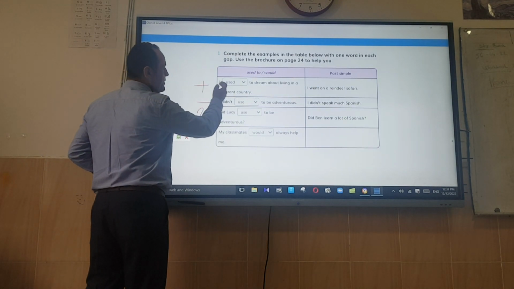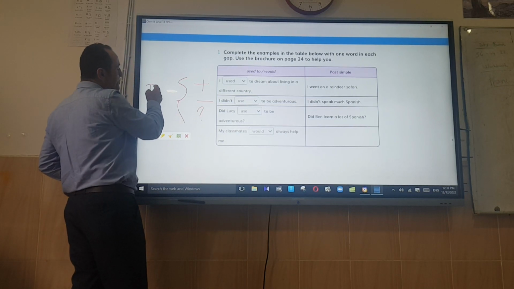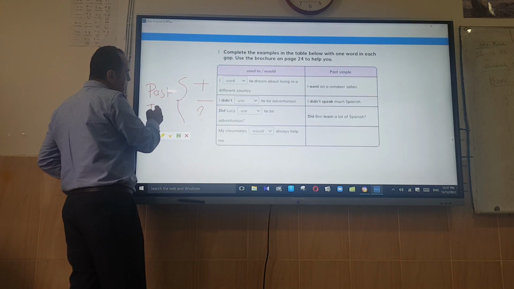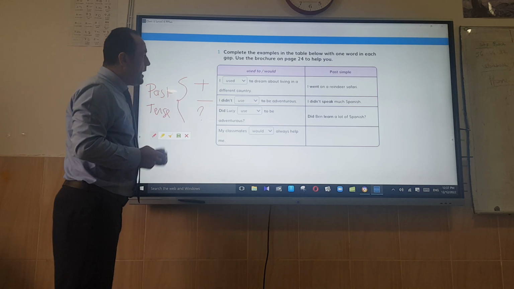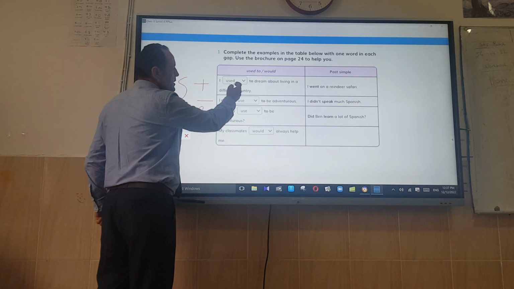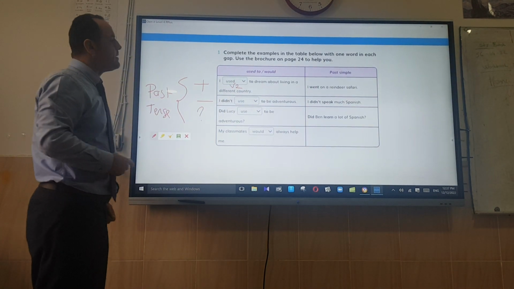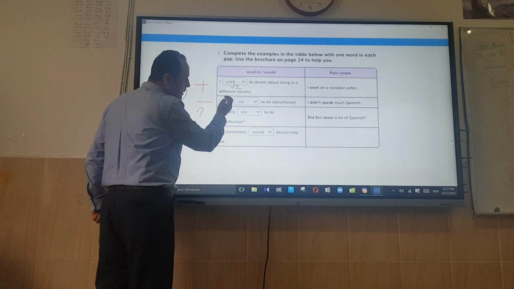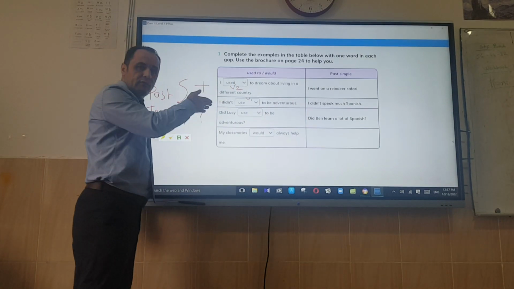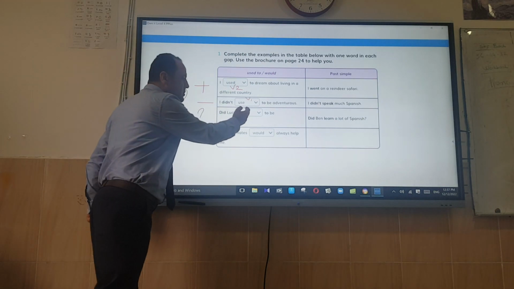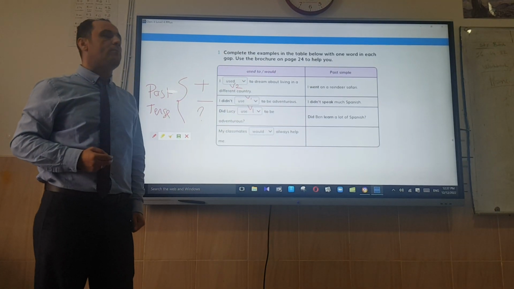For the positive sentence, as you know, these are all past tense. With past tense, we use verb two to form positive sentences, but with negative sentences, after didn't, we use verb one, as we see from the examples. With questions as well, we use verb one.